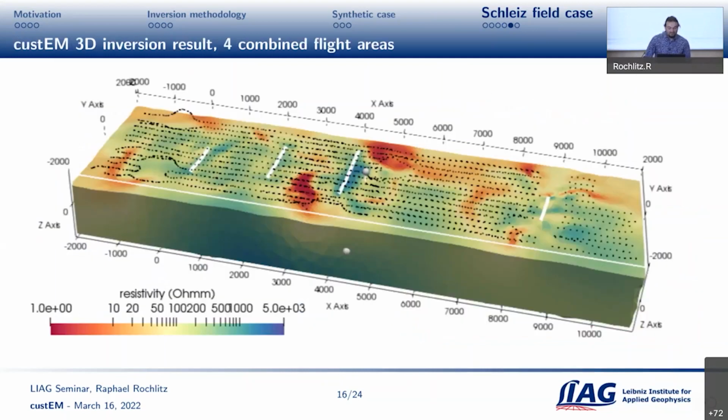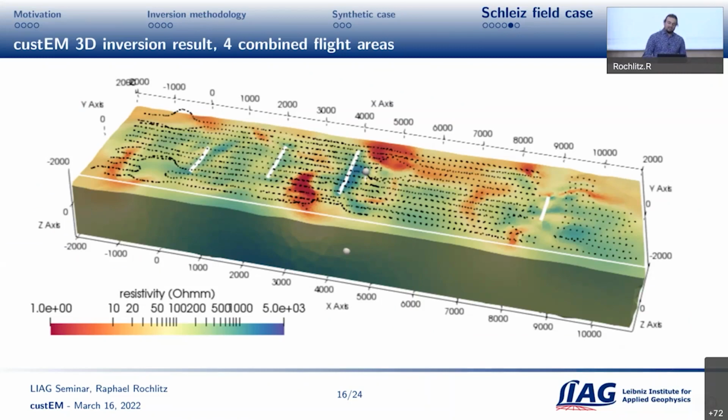Following up, to show that it is really a 3D target, here I have shown the 3D inversion result of all 4 flight areas, so TX1, TX2, TX11 and TX13. It's a 13 kilometer long area times 4 kilometers in the south direction.